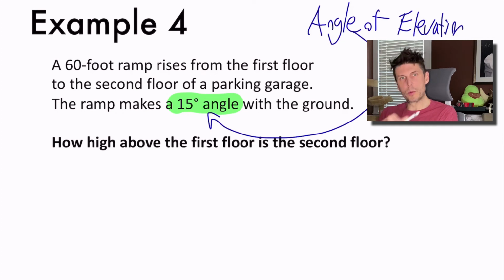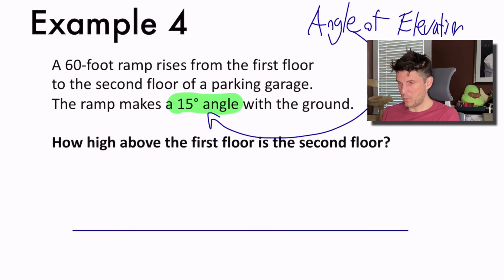That means that the ramp is going up. Okay, and the angle of elevation is always measured off of the horizontal. So I'm going to, just for fun, draw a horizontal line. And then I don't have tools to make a perfect 15-degree angle here, but I'm just going to draw that line, and we're going to say that that's a 15-degree angle.